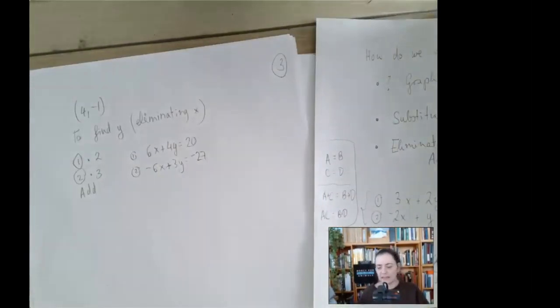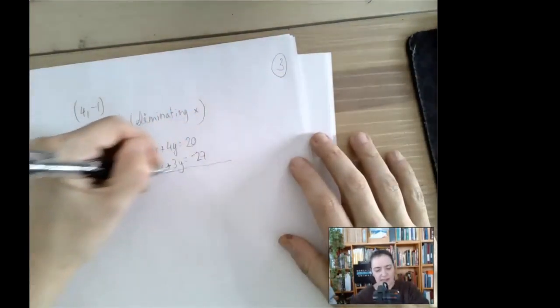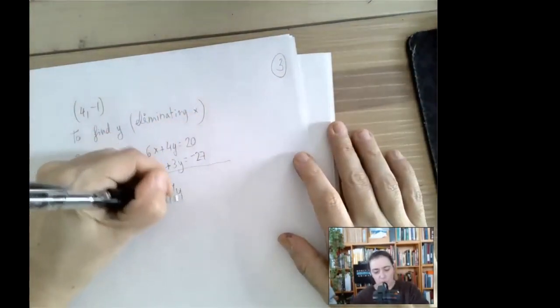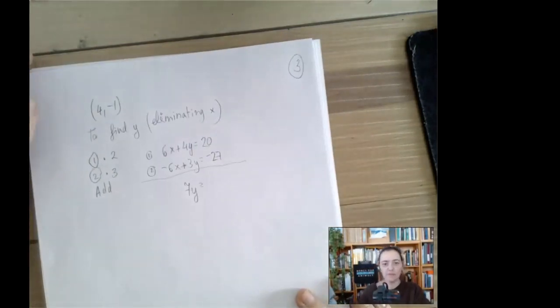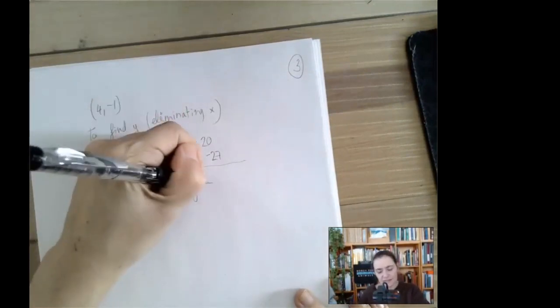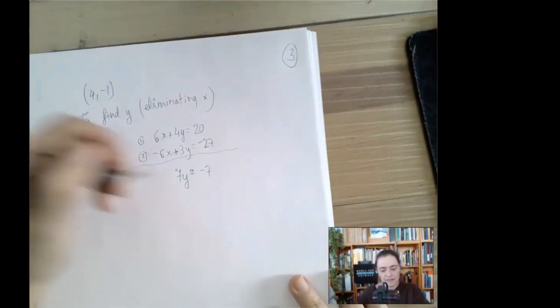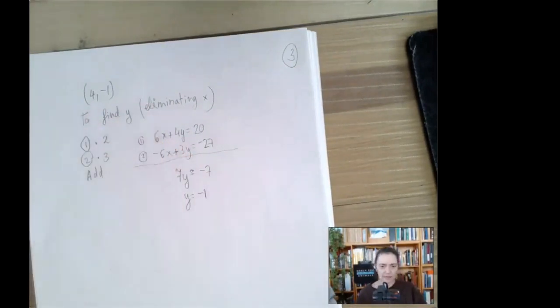And now when we add the two equations, boom, x is now dead, and y almost falls into our lap. By almost, I mean we didn't get 1y equals, we got 7y, but it's pretty sweet. 7y is negative 7, therefore y is negative 1. So that's how you do elimination.